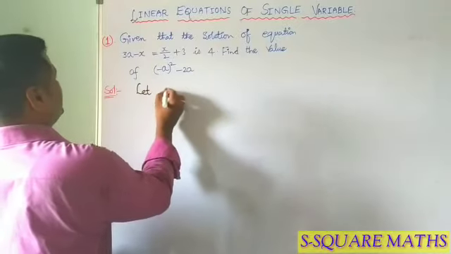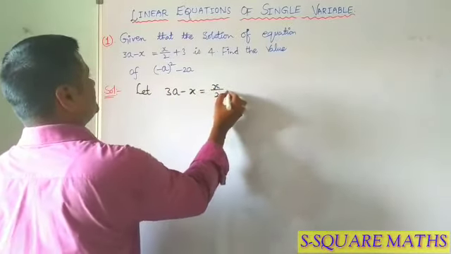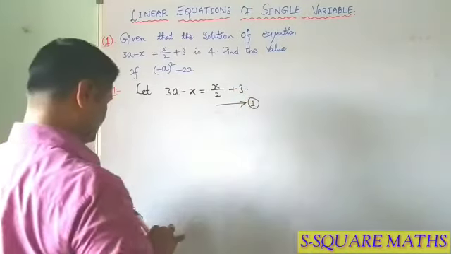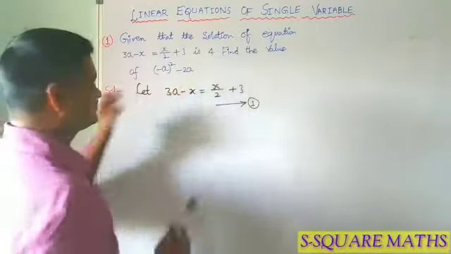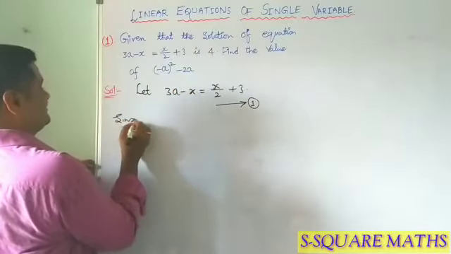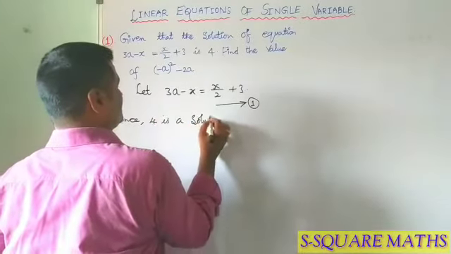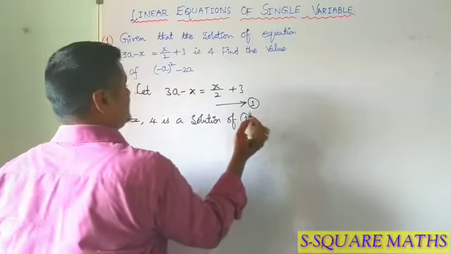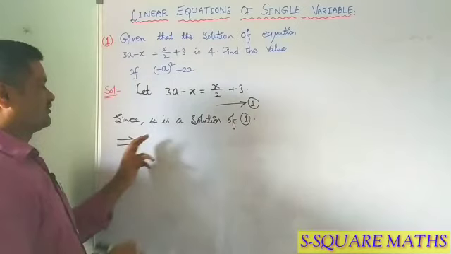Let 3a minus x is equal to x by 2 plus 3. Mark it as equation 1. Given that the solution of the equation is 4, since 4 is a solution of equation 1, we know that the solution, that is the root, satisfies the given equation.